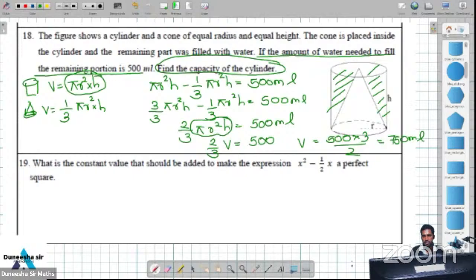The answer, I finish the writing. Try the 19th one. 19 වෙනි එක try කරන්න.